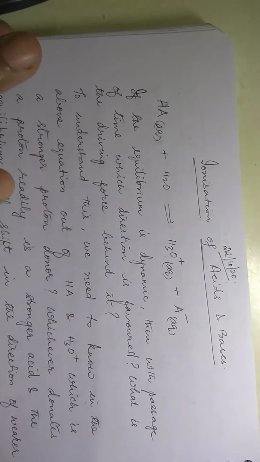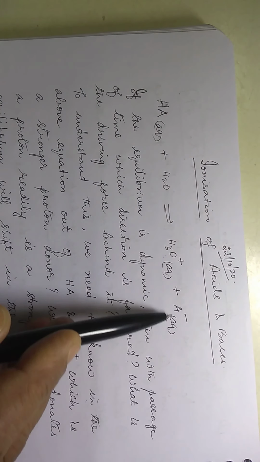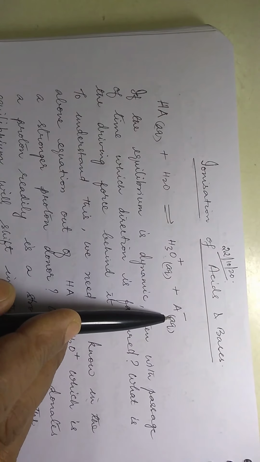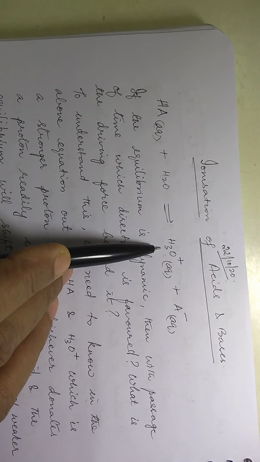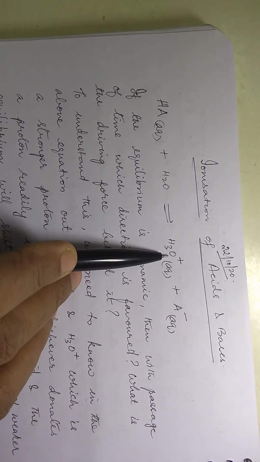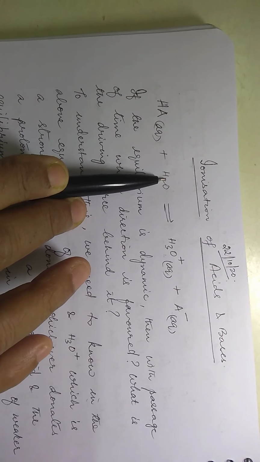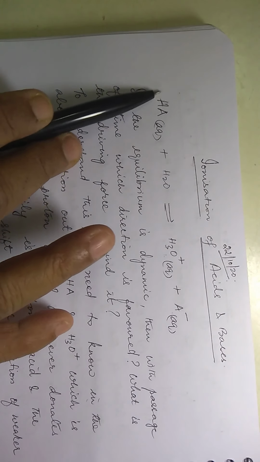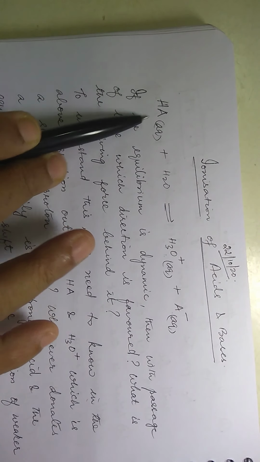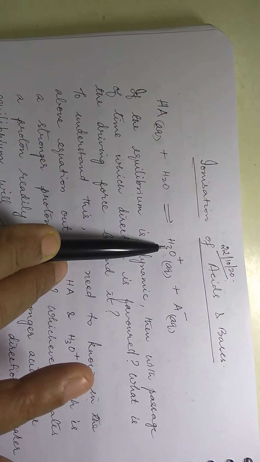If you say the other one, H3O+ is giving a proton to A− to give HA, so if this is readily donating a proton, then it will go to this form after losing a proton, right? So this is what we have to see now: which is readily giving, whether this will give or this will give. If this gives, forward. If this gives, backward.